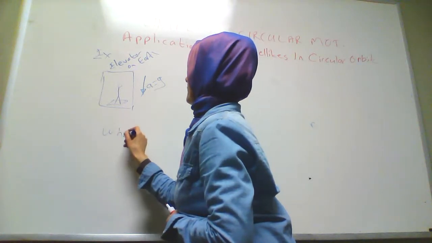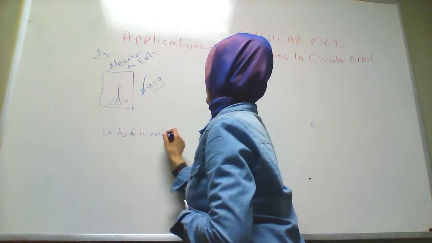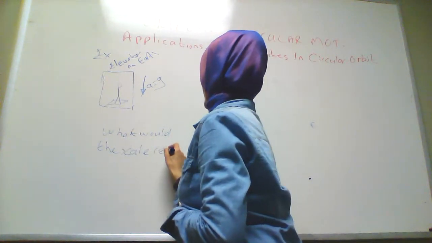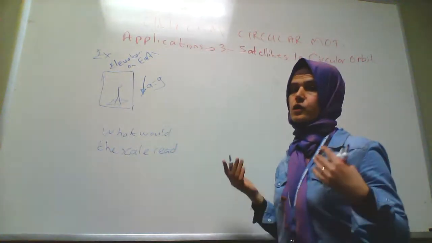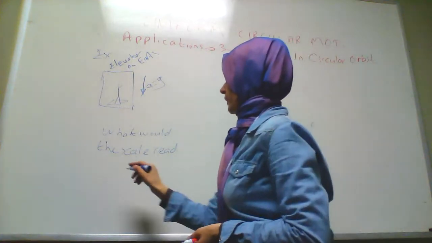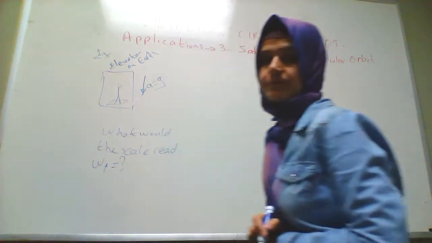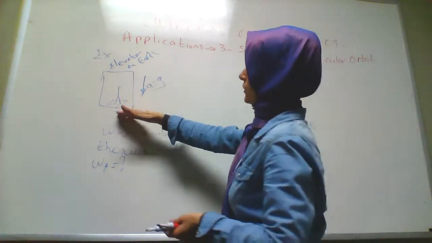I know we solved these questions, and we know that it should be 0, but I'll resolve it to remind you. What is W1? The weight of the person measured on the scale.